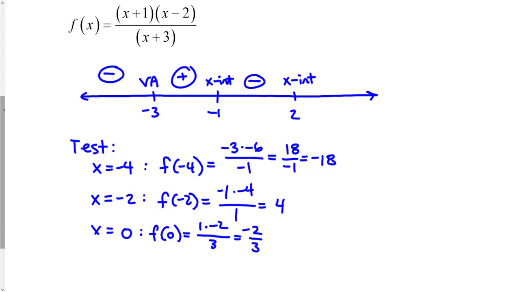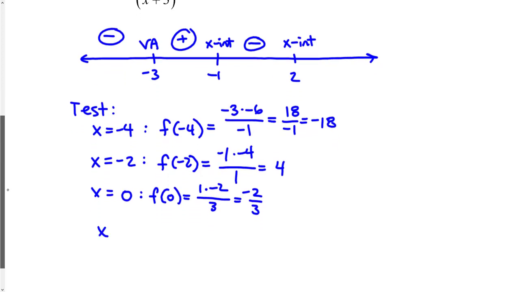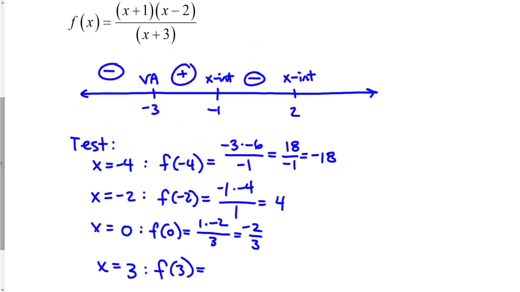And lastly, if I do, say, 3, if I plug 3 into my function, 3 plus 1 is 4, 3 minus 2 is 1, 3 plus 3 is 6. The result is positive. So now I know that everything in that interval is going to be positive.